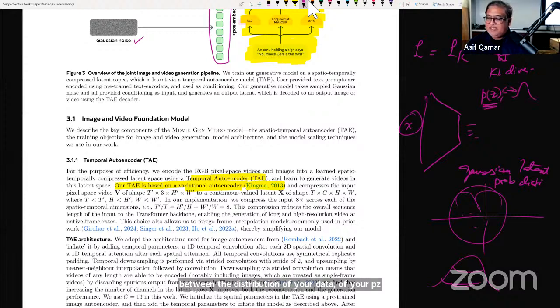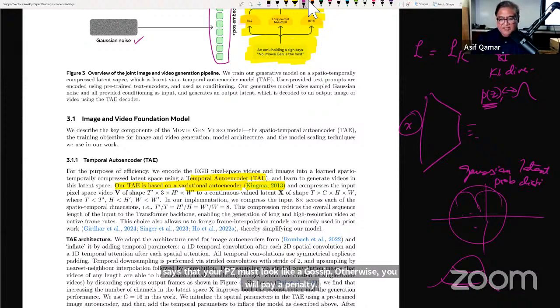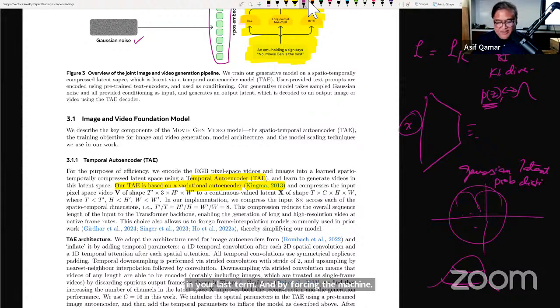It says that your P(z) must look like a Gaussian. Otherwise, you will pay a penalty in your loss term. By forcing the machine to minimize that penalty, you essentially make sure that in the latent space you have a Gaussian distribution of your latents. So that is something we have known.